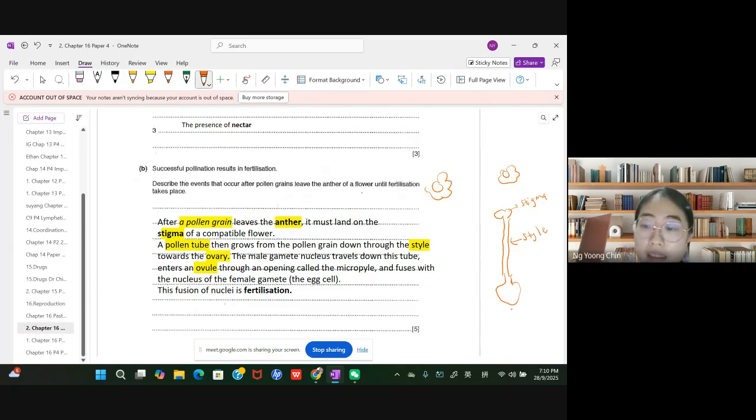And then they will get into the ovule. Ovule is here. Inside the ovule, you actually have a lot of cells, for example, the egg cell. The ovule is a place which contains the egg cell, which is the ovum. Ovum are found inside the ovule. So the ovary covers the ovule, okay?